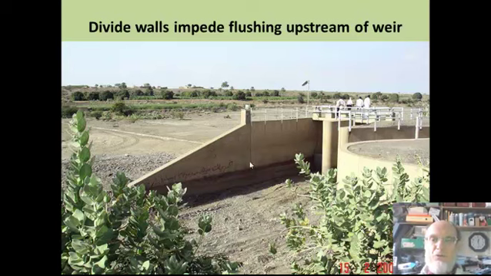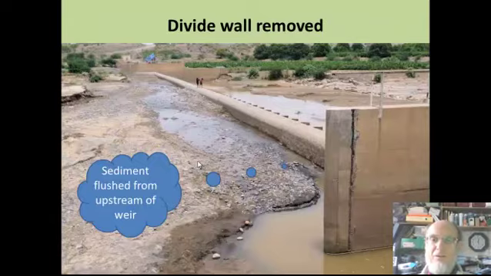Divide walls are quite often on irrigation intakes, but have been found to not be beneficial, because this divide wall will separate. The flushing flow in the sluiceway cannot flush the sediment collected in front of the weir here. This example from Wadi Zabid in Yemen: here is the divide wall in 2004.